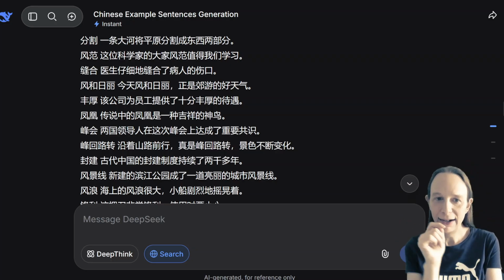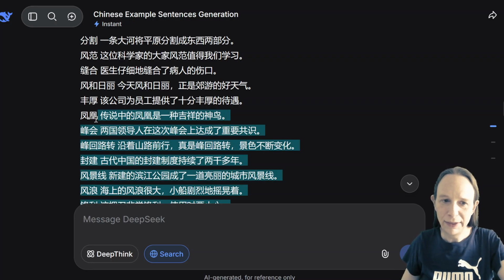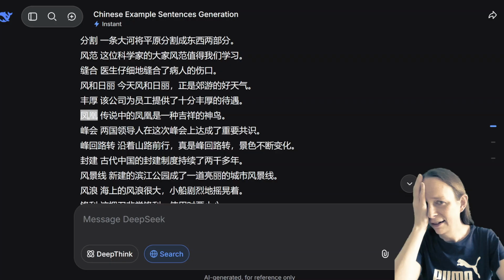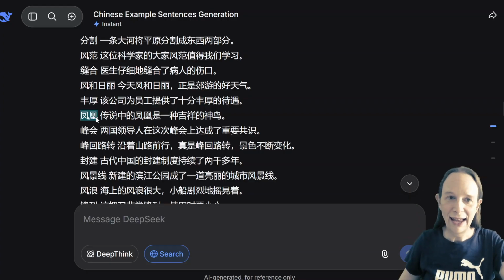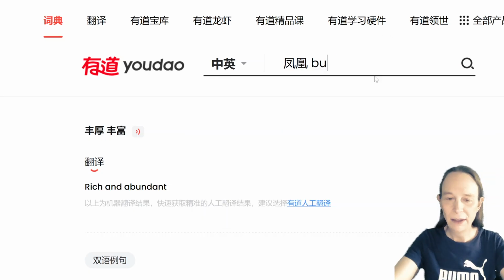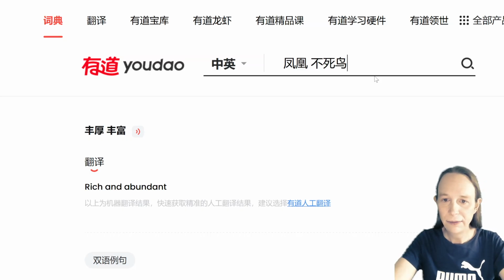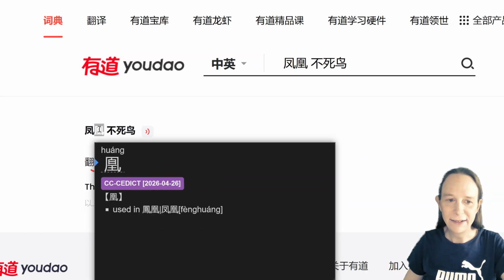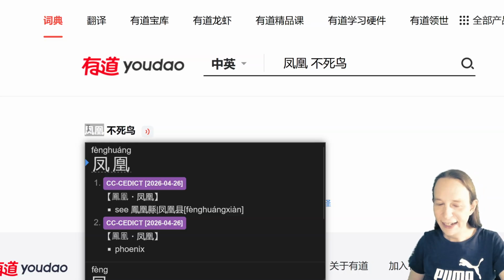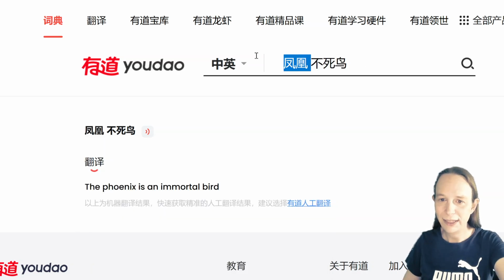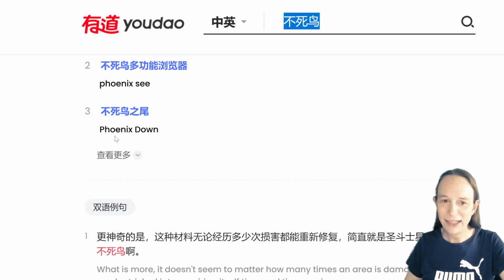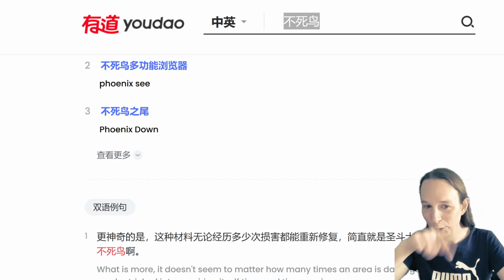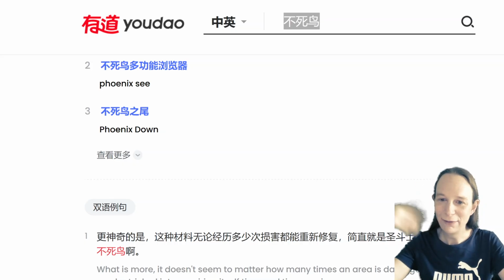Yeah. All right. Next is 凤凰. Did we not do 凤凰? It came up the other day. We talked about this and we compared 凤凰 with 不死鸟. 凤凰 is phoenix in the sense of a Chinese phoenix, and 不死鸟 is a phoenix in the sense of a Greek phoenix. When they die, they get reborn, right?